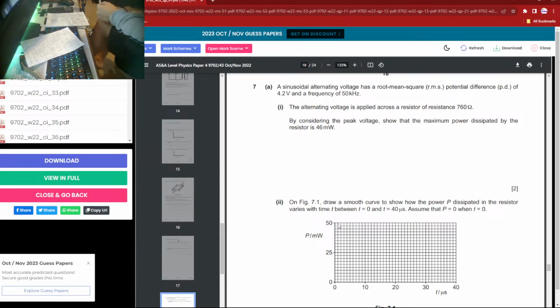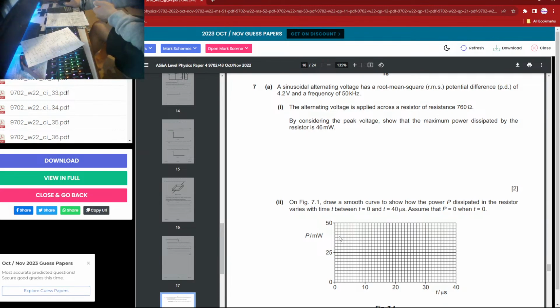The alternating voltage goes back to its normal voltage at 20. In the beginning you would have the max voltage, so you would start here and go down. Since it's alternating, you would have a positive and negative voltage, but since power is a scalar, you don't really have negative power.